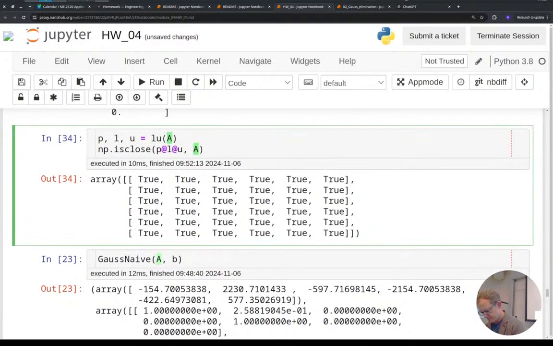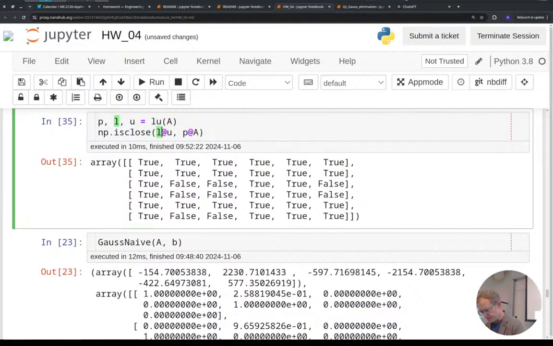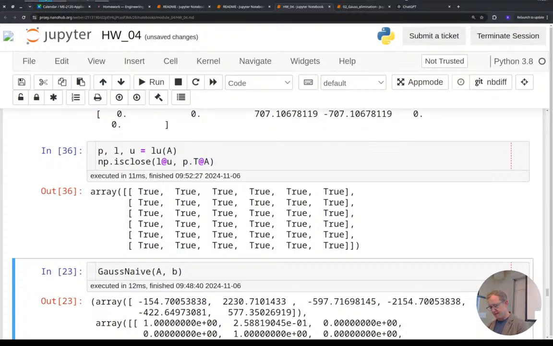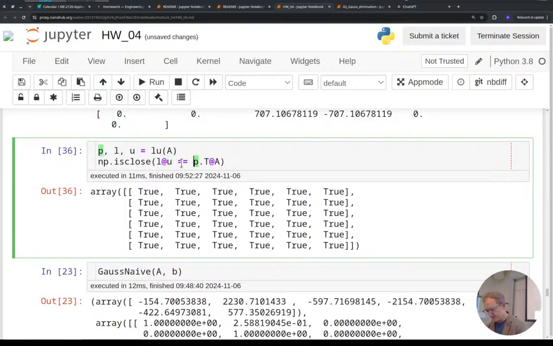There we go. Is it P transpose? There we go. P transpose at, so LU is P transpose A. Yeah, I was trying to remember how it works. So PLU is A, or P transpose A is LU. Equals doesn't work so well.